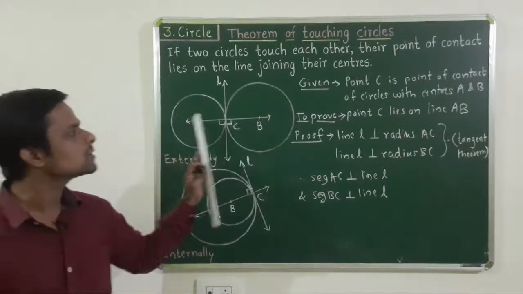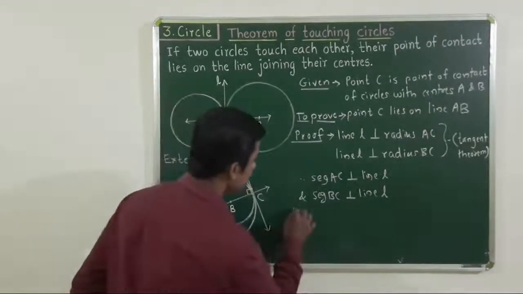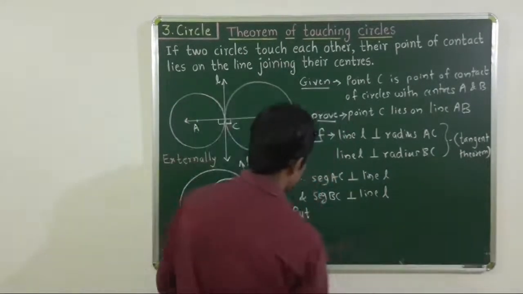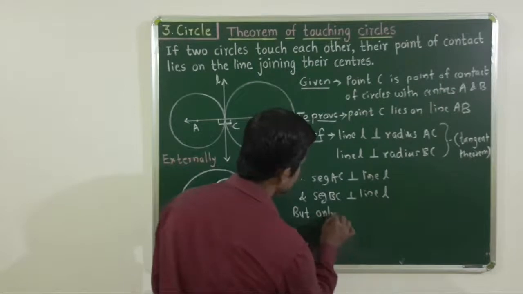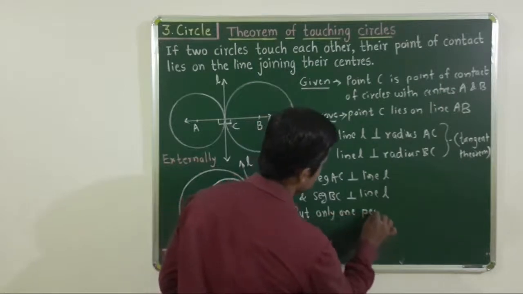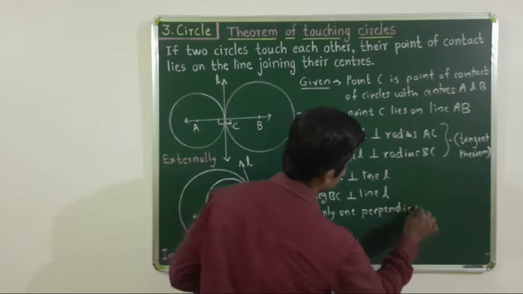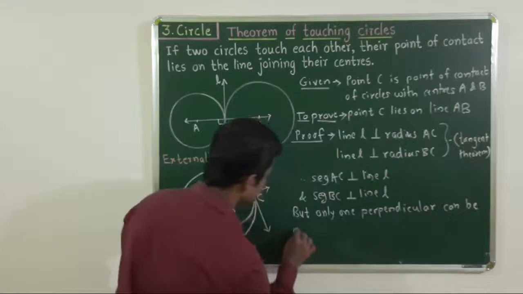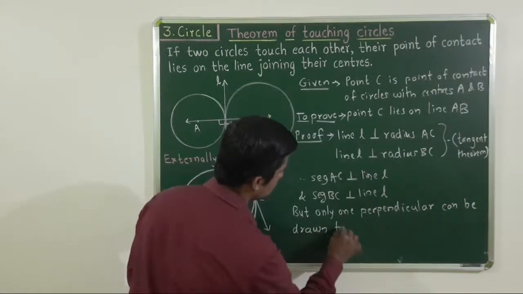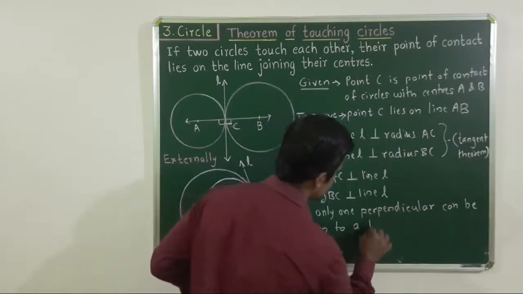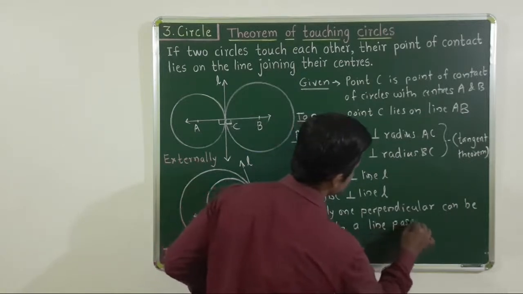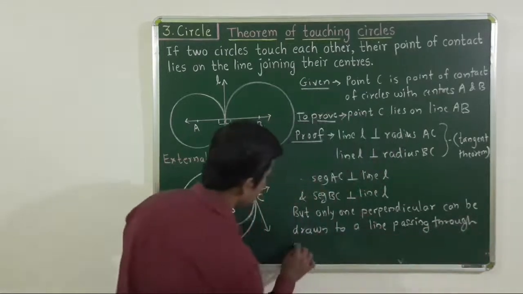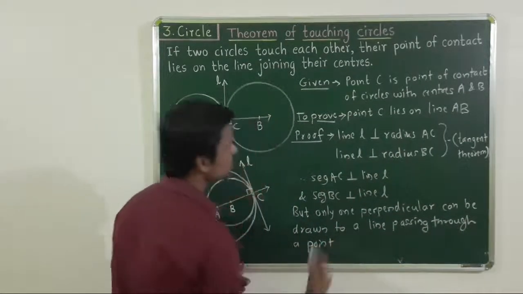Point C lies on line AB. But only one perpendicular can be drawn to a line passing through a single point.